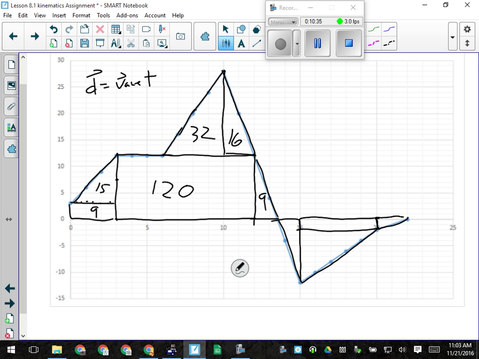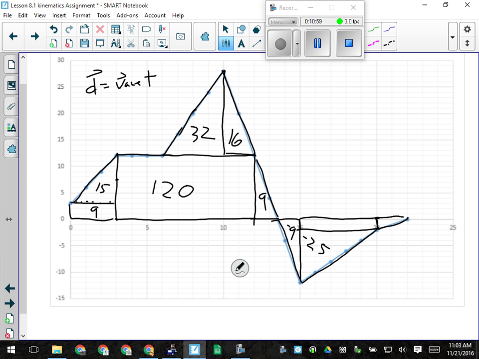And then I've got this triangle here that goes to negative 12. So it's actually the same size as this one, right? It's 1.5 on the bottom. So it's negative 9. Then I've got this triangle here that is going to be 10 high by 5 wide. So that'll be negative 25, because 5 times 10 over 2.